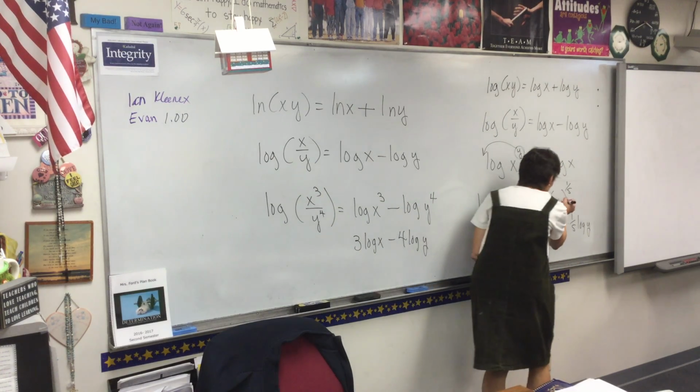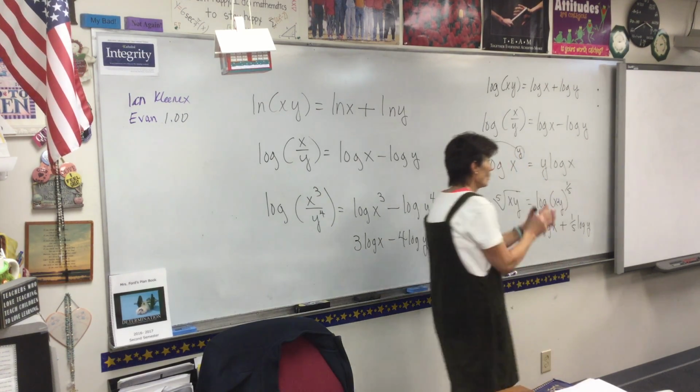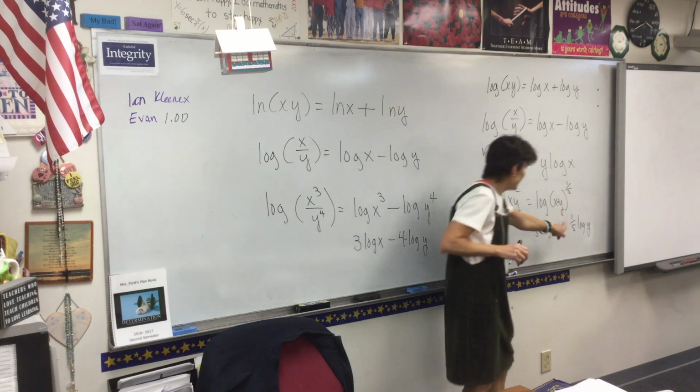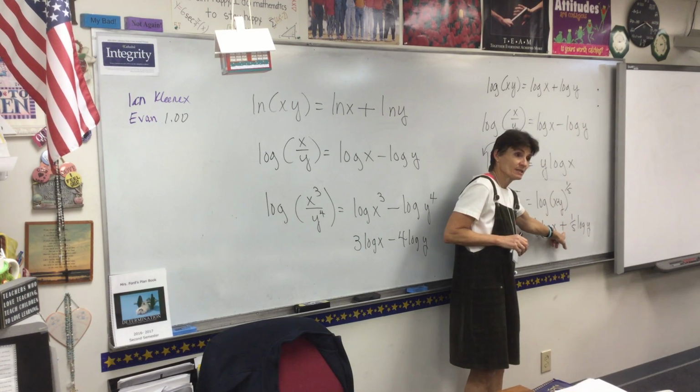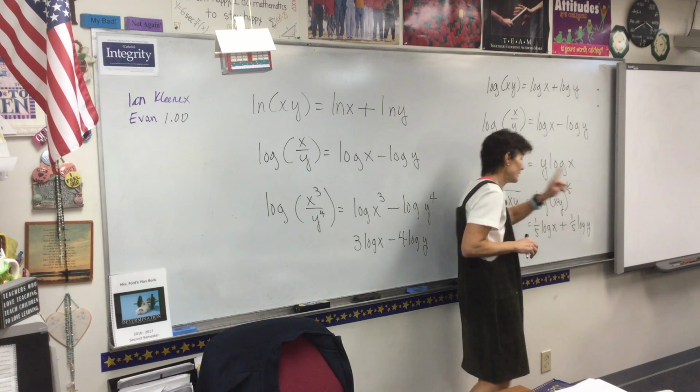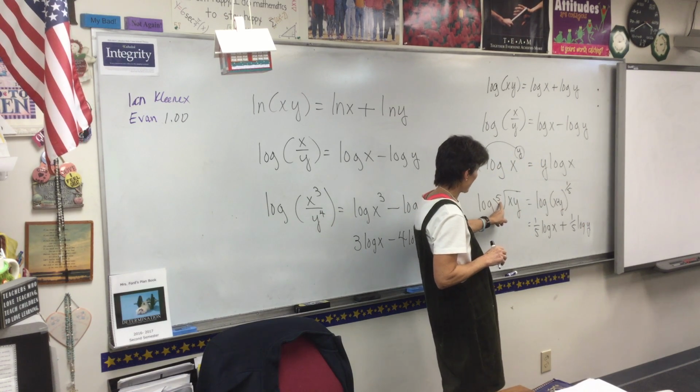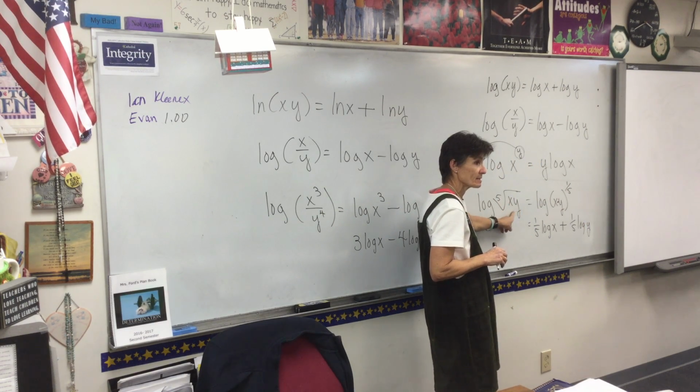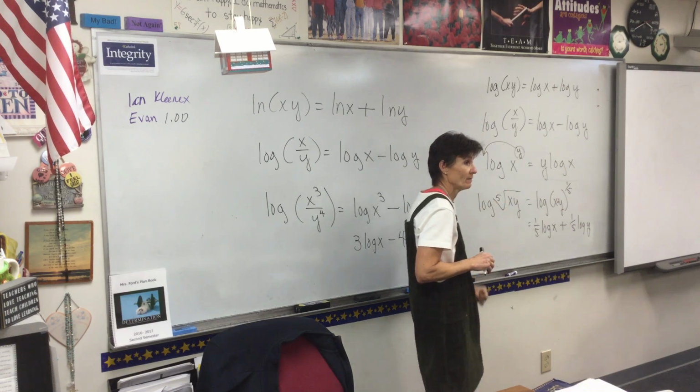Remember, since these are being multiplied, when you pull them apart, they become an addition. And like Tanner said, because the radical is over both of these, they both get the 1/5.